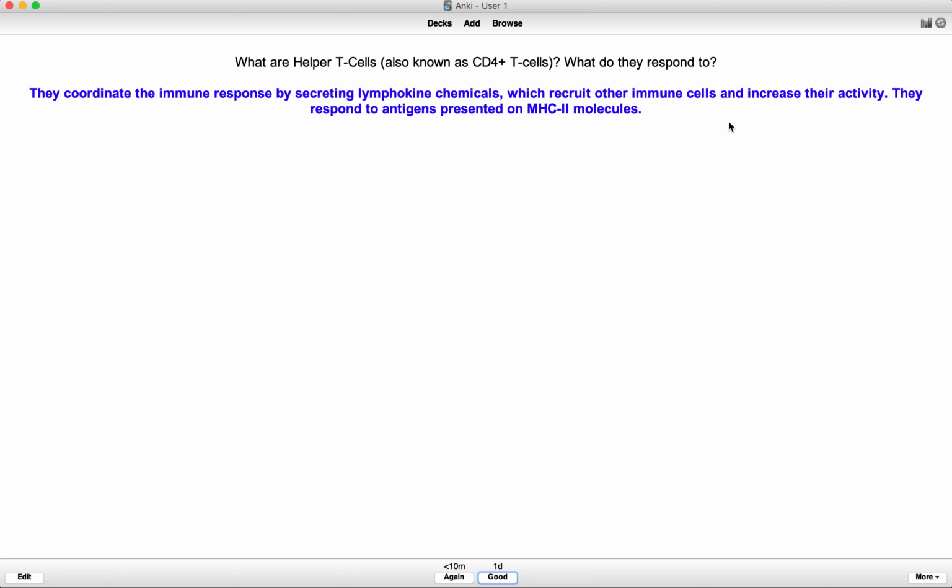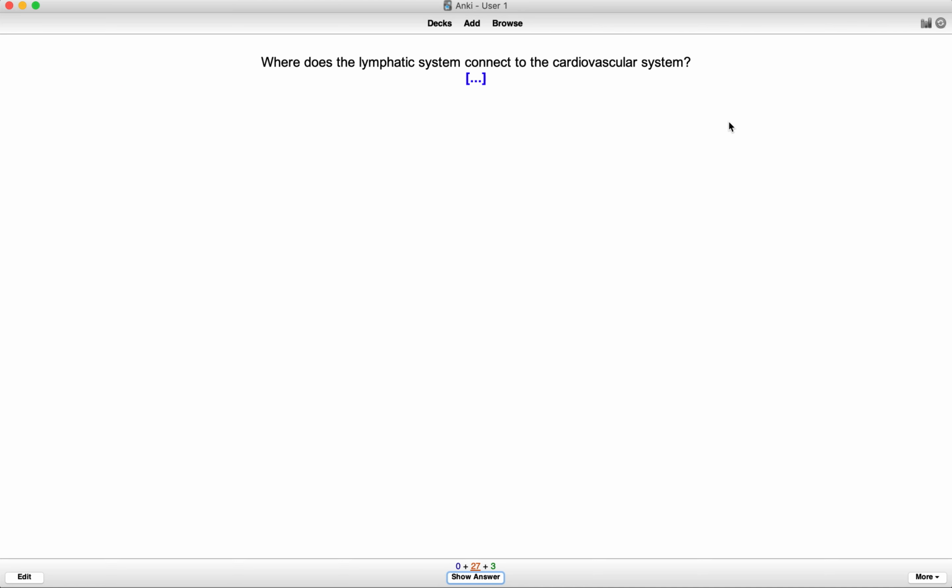They recruit, and they recognize antigens presented on MHC 2.